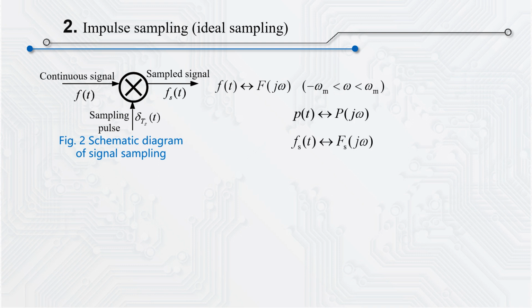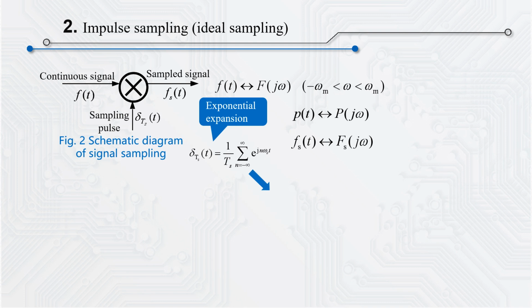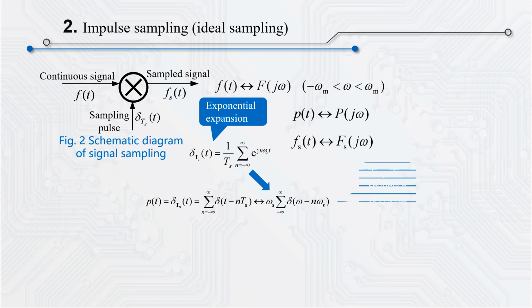The spectrum of the sampled signal is Fs(jω), and its unit impulse sequence is expanded into a Fourier series in the exponential form. If we take the Fourier transform, we can get its corresponding spectrum. We have learned that the spectral characteristic of the impulse sequence is still an impulse train. The intensity is ωs.